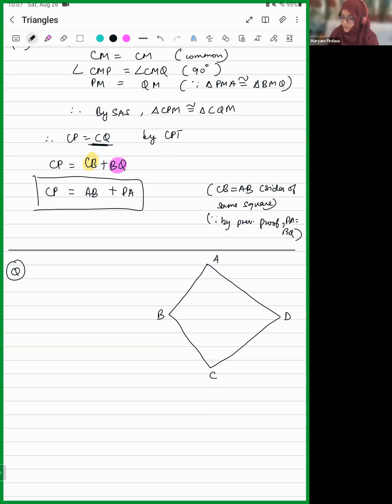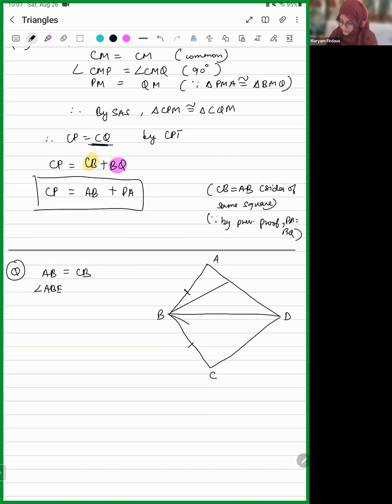No problem. So this is a quadrilateral. They are telling you that AB is equal to CB. So this is equal to this. Angle ABE. Now what is E? It is this.